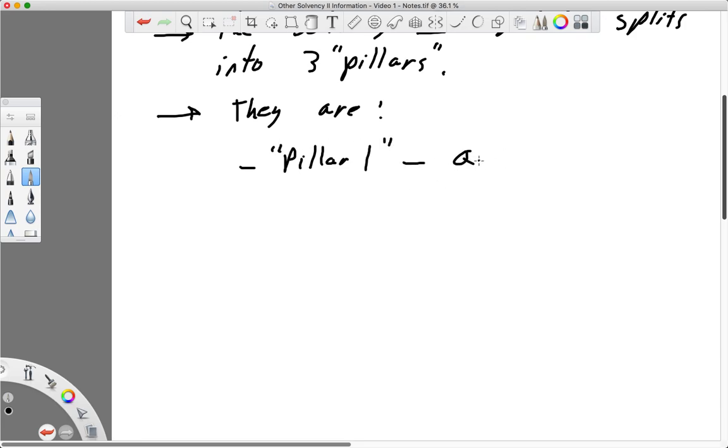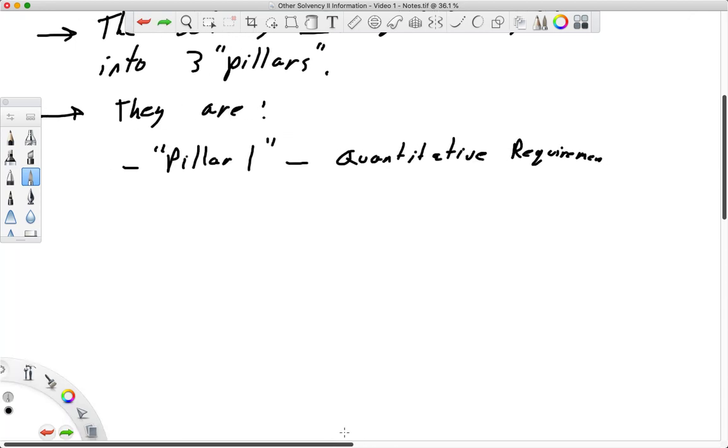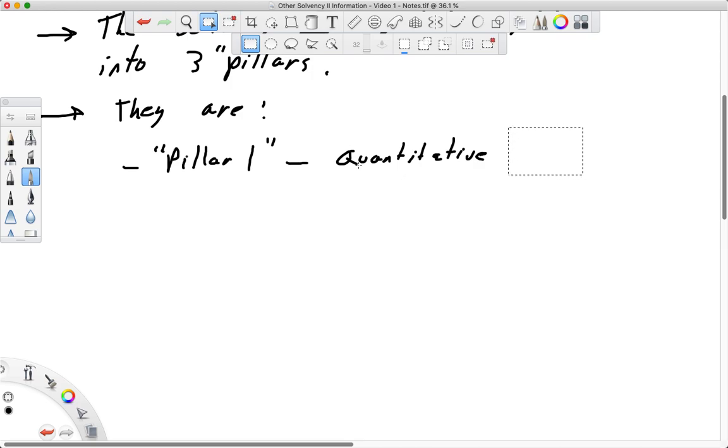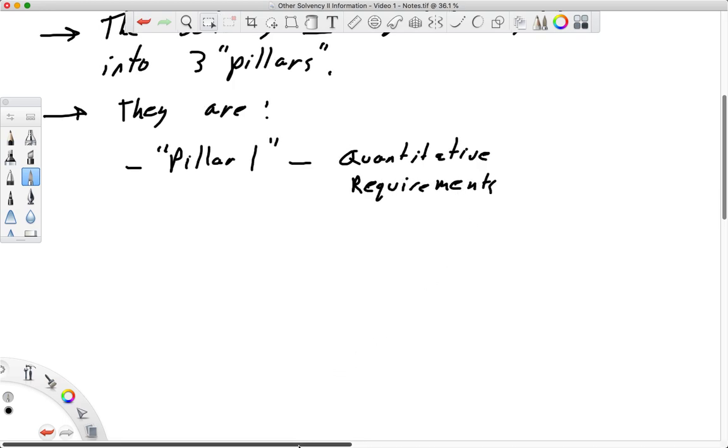So these are the quantitative requirements.